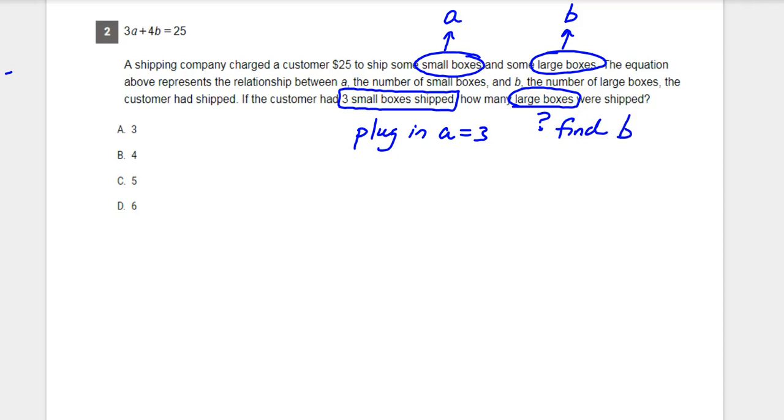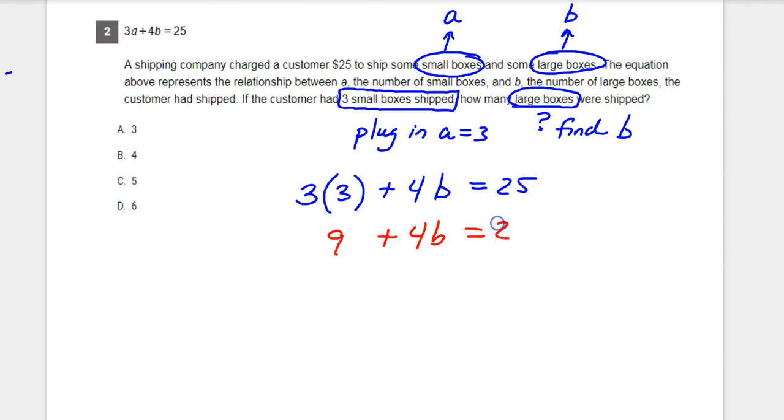So we take our equation and we say 3, and instead of writing A, I know that there were 3 small boxes, plus 4 of the large boxes equals 25, and then I'm going to multiply this out, and 3 times 3 is 9, plus 4B equals 25. And now I have 2 steps left.